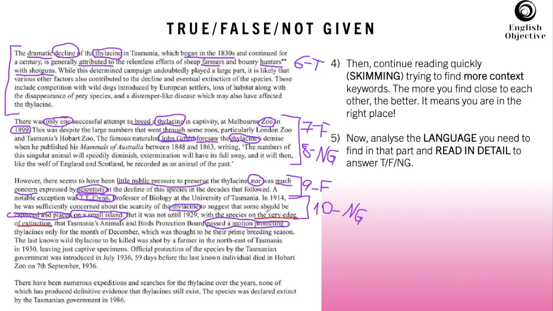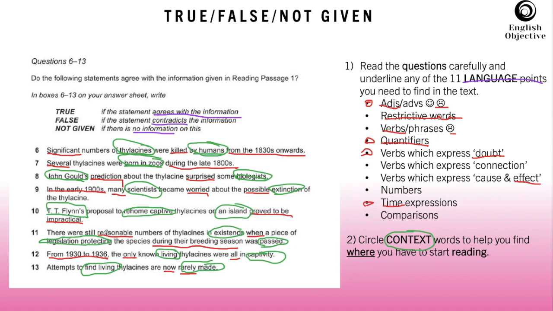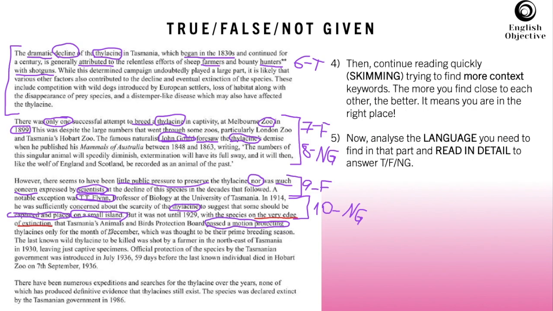The species was on the edge, the limit of extinction, so very close to extinction, when the Protection Board passed the law protecting the thylacines only for the month of December. So in this case, I have during the breeding season, which is here, only for the month of December, which was thought to be the prime breeding season.